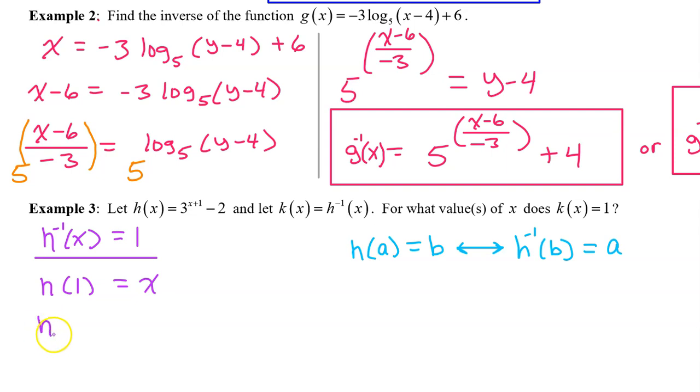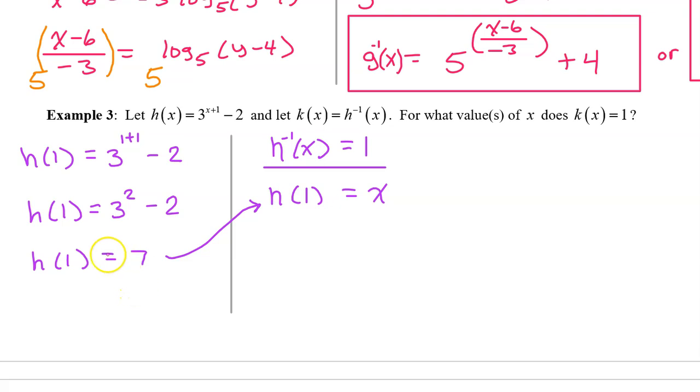So let's go. h at 1 means plugging in 1 for x. So h at 1 will equal 3 to the 1 plus 1 power minus 2. So h at 1 will equal 3 squared, which is 9, minus 2, which equals 7.